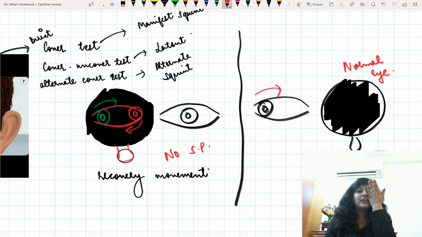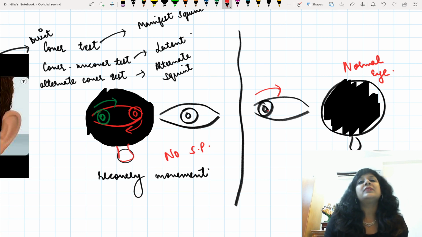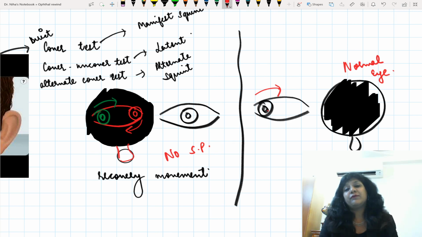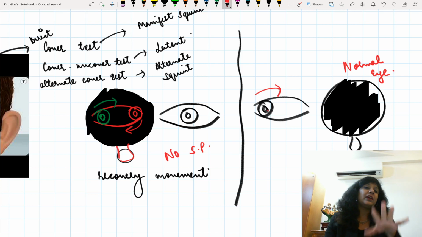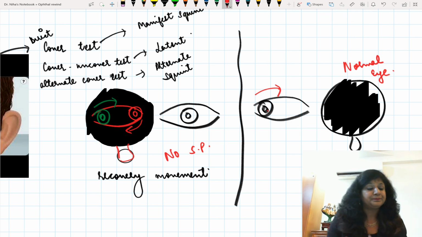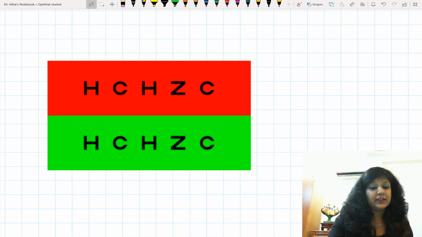If I can see some movement in the squint eye, inward or outward, that means this eye was having squint. No movement means no squint. This is the difference between latent squint and manifest squint. In latent squint, you cover one by one, while in manifest squint, you cover the normal looking eye.